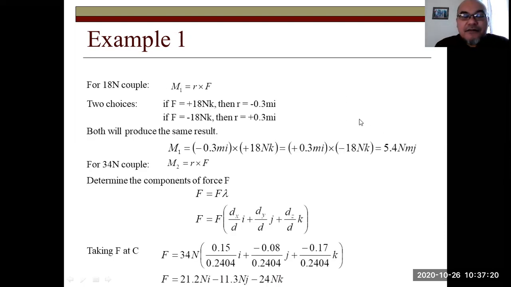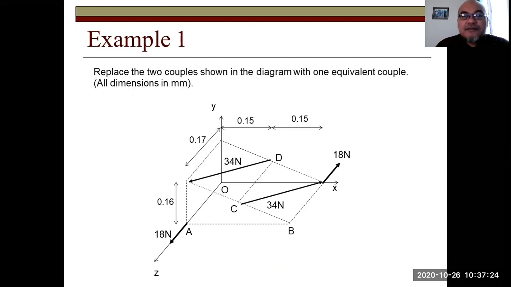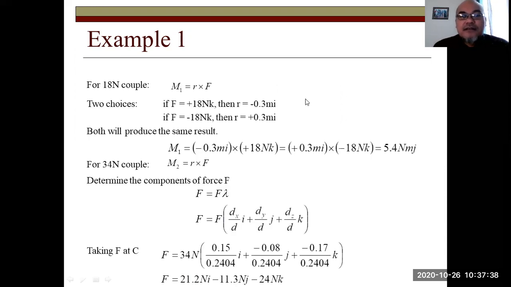So first, for the 18 Newton couple, we calculate the moment, which equals R cross F. The R means the distance from this point to this point, which is shown here as 0.17. This one is 0.3, so we can calculate using the Pythagoras theorem. There are two choices.